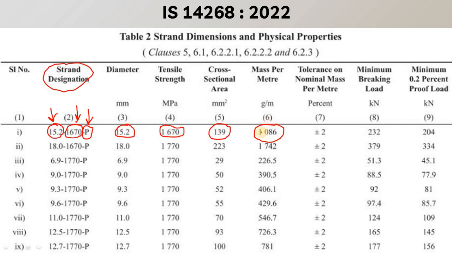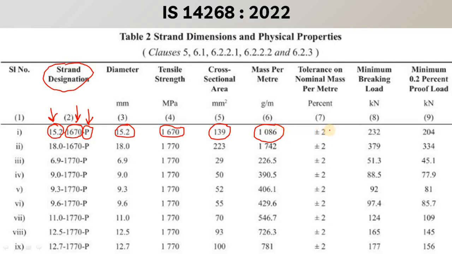So 1 meter of wire weighs 1.086 kg or 1086 gram. For a particular 15.2 mm diameter with 1670 Newton per mm square capacity, it has a mass of 1086 gram per meter.